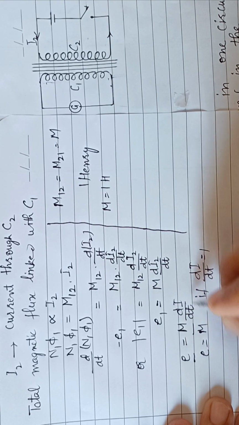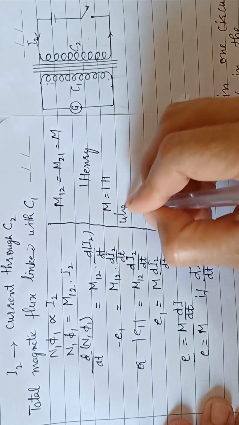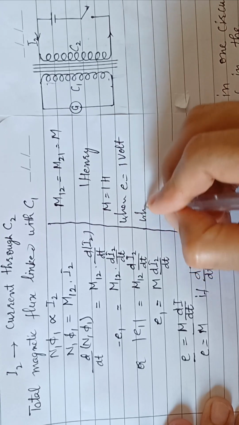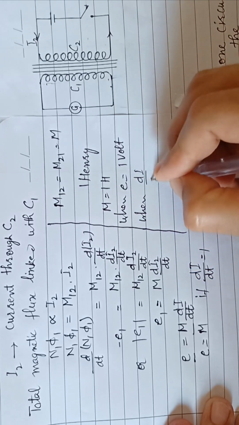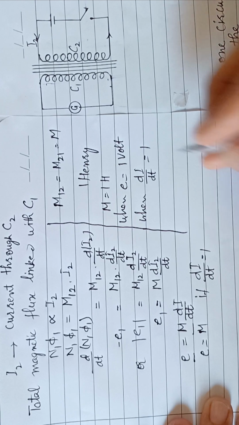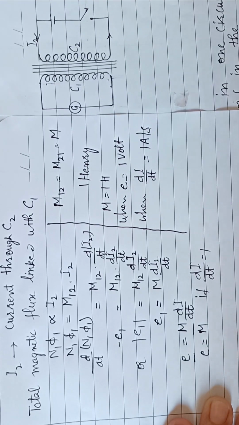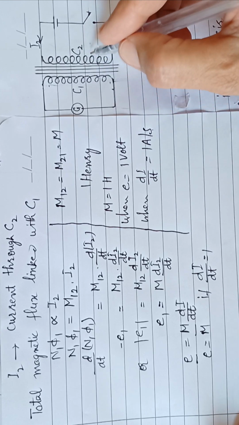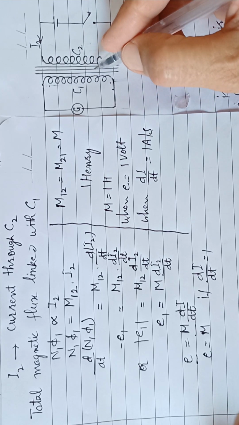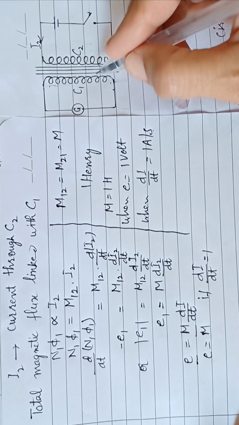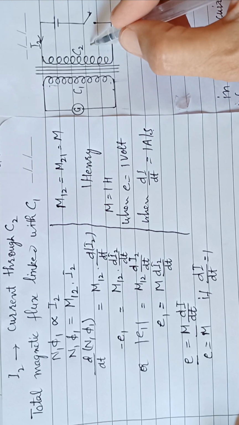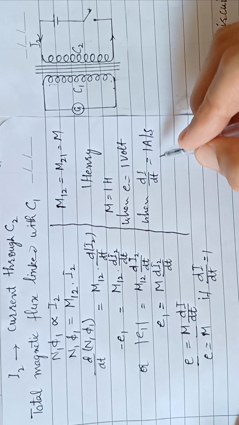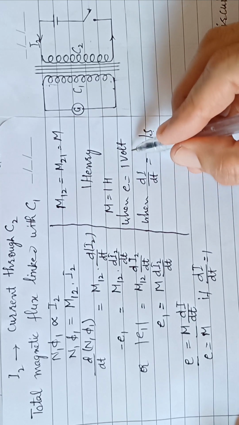When E is 1 volt and di by dt is equal to 1 ampere per second. So we can say that mutual inductance of two circuits will be 1 Henry when current changing in one circuit at the rate of 1 ampere per second produces an induced EMF of 1 volt in the other.